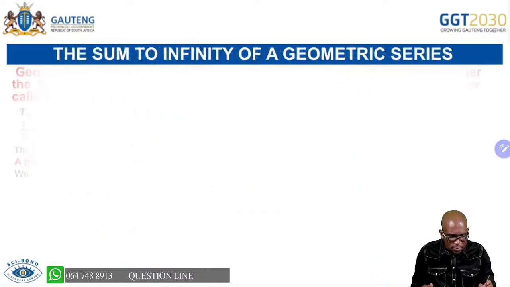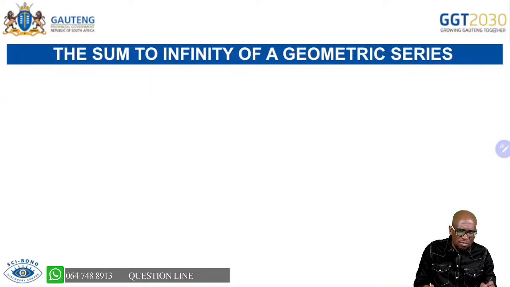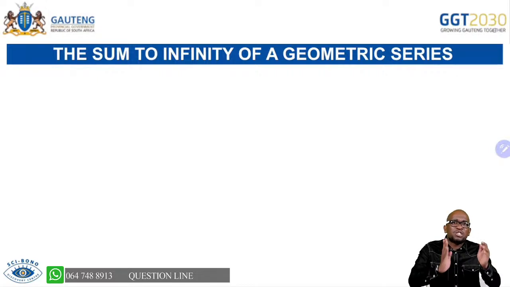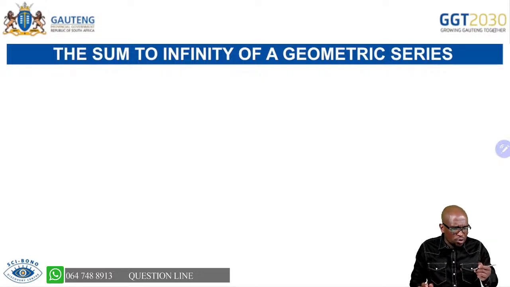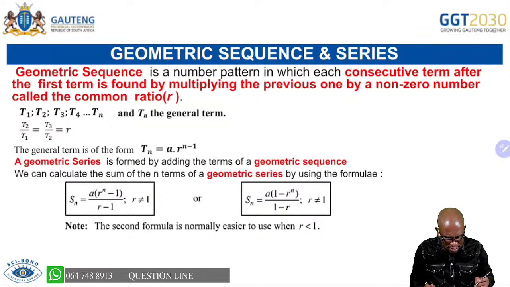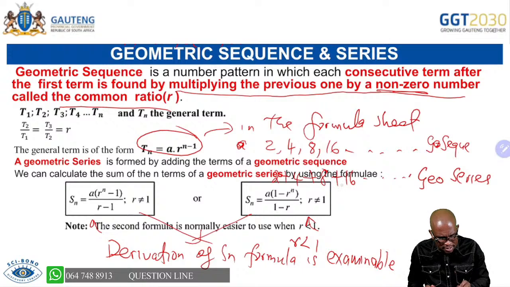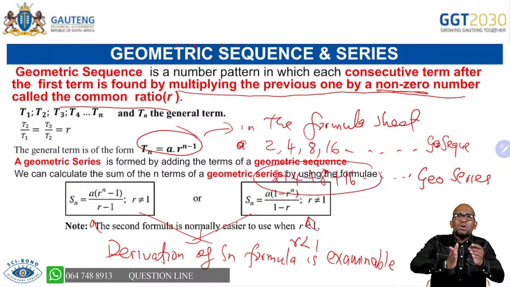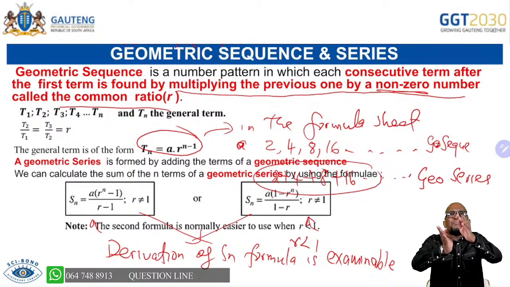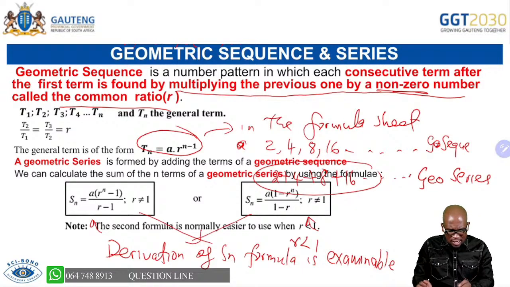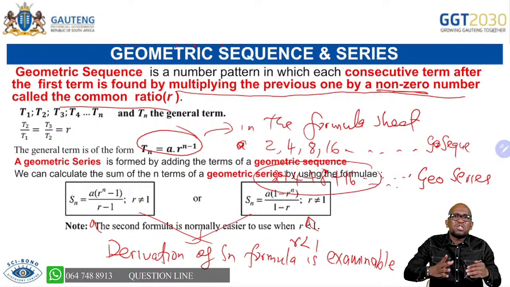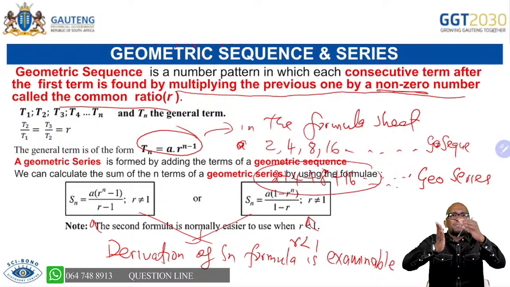Right. Now, let us move to the sum to infinity. Remember, we've just looked at a geometric series. Sometimes when you add the terms of a geometric series, like 2, 4, 8, 16, the terms are becoming bigger and bigger, which means the sum becomes bigger and bigger.